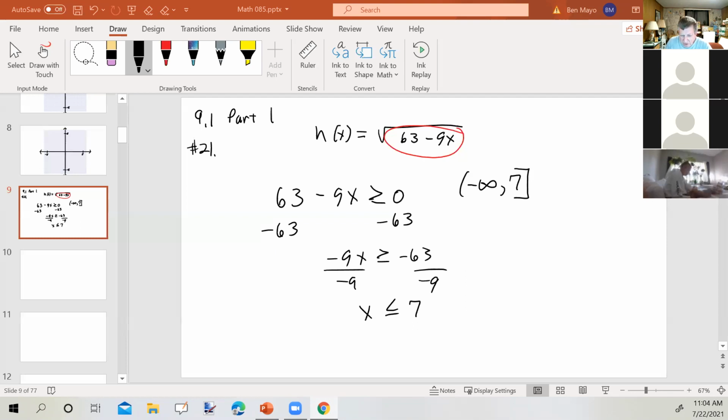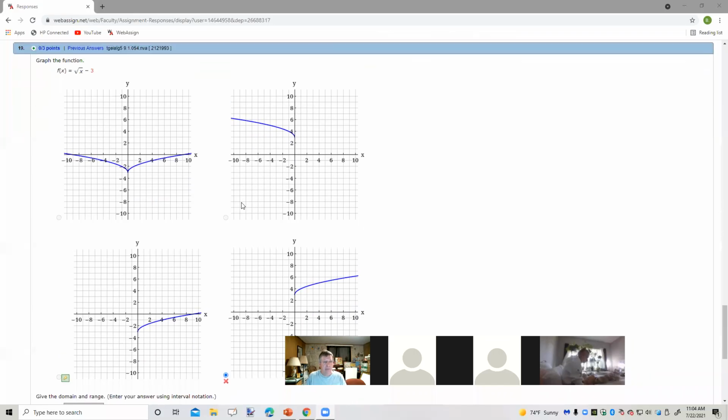Okay, so let's take a look at WebAssign. Okay, so we've got these 4 graphs, right? Mm-hmm. Now, the graph of the square root of x, what does that look like?